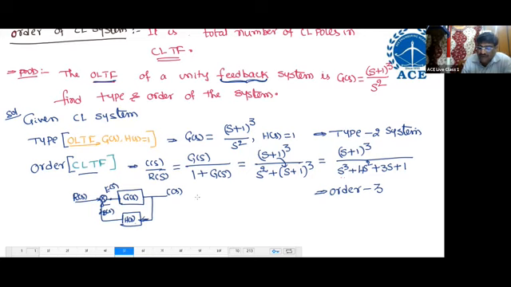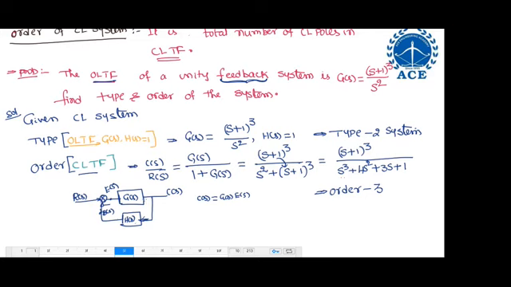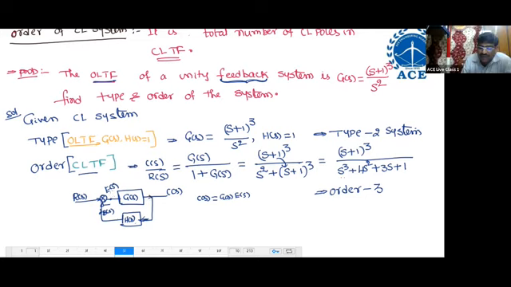Find the output. What is the output? What is C of S? G of S into E of S. Yes, sir. The input is E of S, no? G of S into E of S is called C of S. What is B of S?